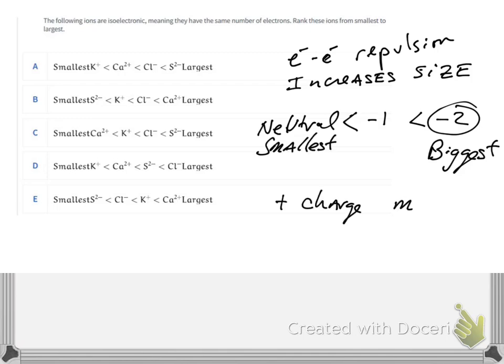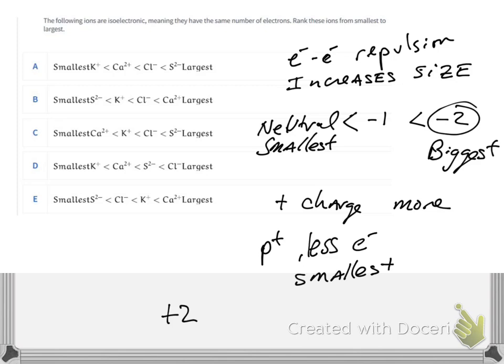We could extend this into positive charges, which means there are actually more protons than electrons. And so these are going to be the smallest. They're definitely even smaller than the neutral species because there are more protons holding in the electrons even closer. If we had to rank the size, it is +2, +1, 0, -1, and -2.